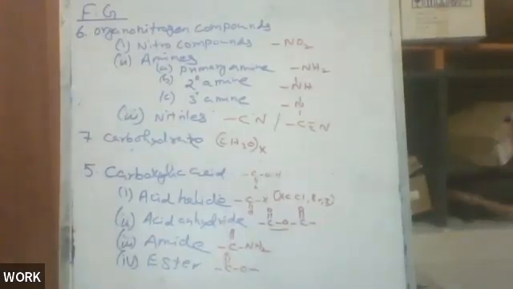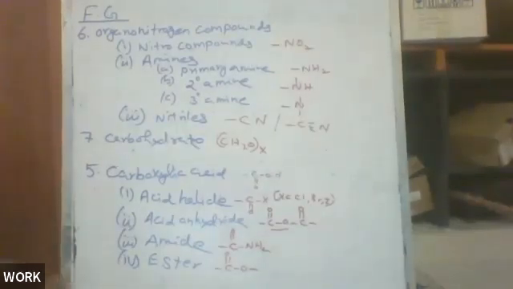Tomorrow, meaning the next class, we are going to see the polar effect. When you are looking at organic chemistry, if you know the polar effect, it is very, very important and essential. When carbon is bonded with some other atom, some of the bonds are polar because there will be an electronegativity difference.